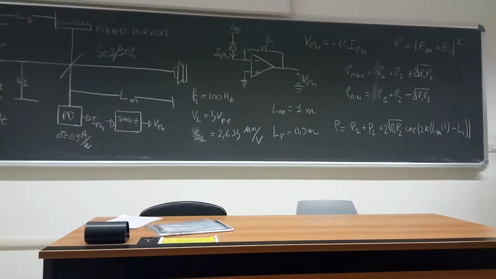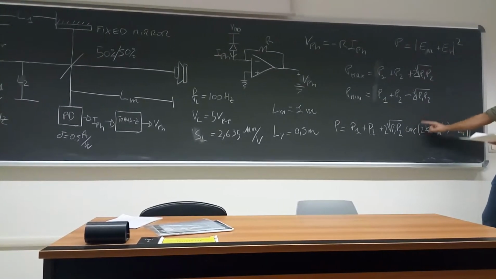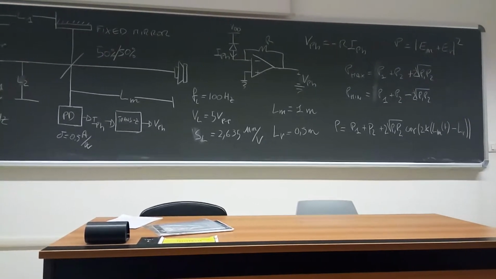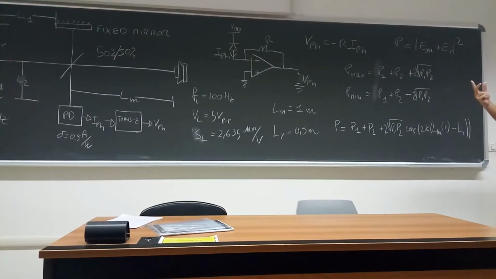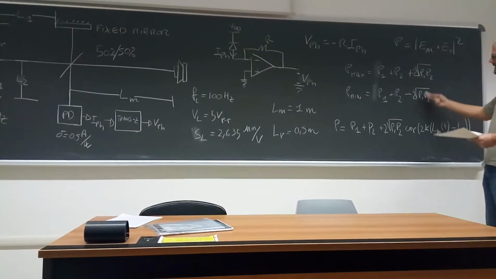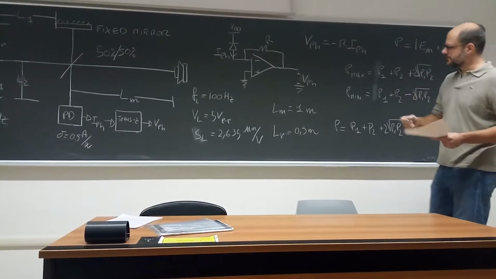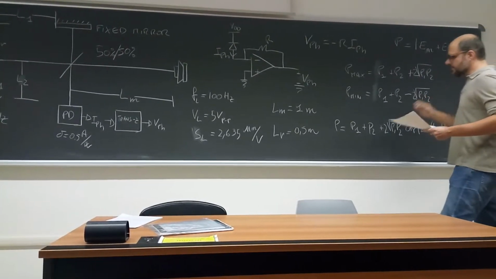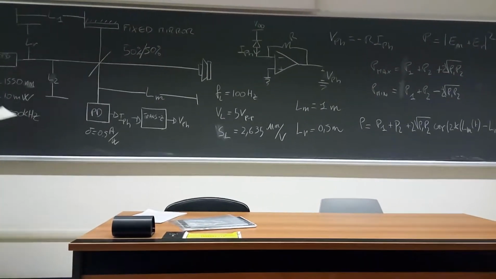Since you want the maximum and the minimum, the maximum occurs when the interferometric phase is equal to multiple of 2 pi. And then, of course, the minimum is when the cosine is minus 1, so odd multiples of pi. Then, how can you evaluate the two values of P1 and P2?